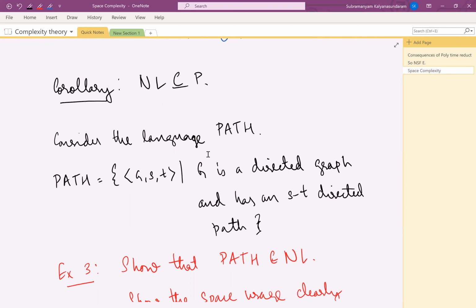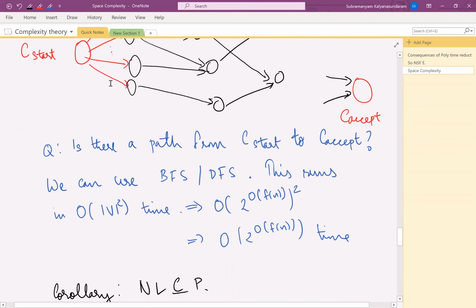Okay, so now let us consider the language PATH. So what is the language PATH? It is a directed graph G with two vertices S and T. And we are asking whether G has a path from S to T. It's a directed graph, meaning the edges have directions. So from this vertex to this vertex there is an edge, but the other way it is not implied.